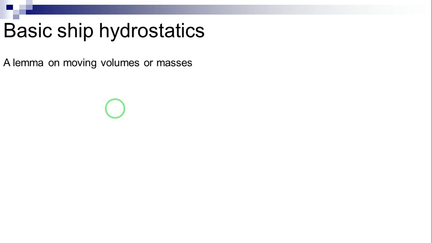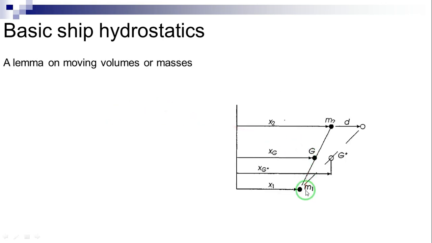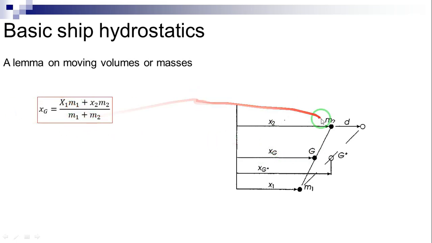A lemma on moving volumes or masses. This figure shows a system of two masses, m1 and m2. Let the x coordinate of the mass m1 be x1, that of the mass m2 x2. The center of gravity of the system is g, and its x coordinate is given by this equation. Let us move the mass m2 a distance d in the x direction.